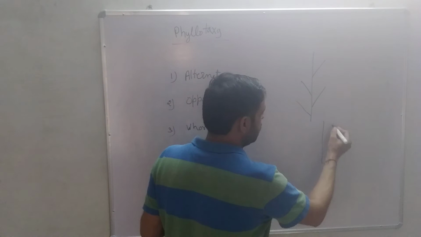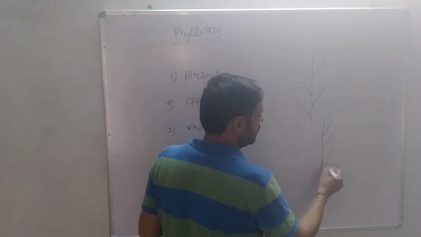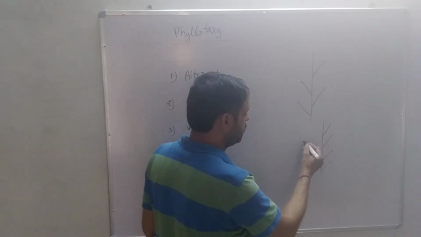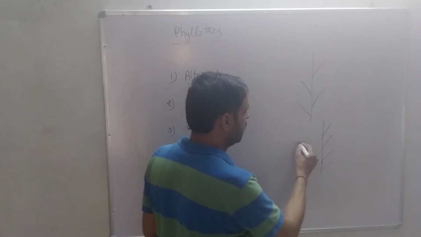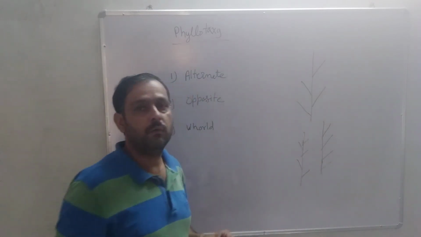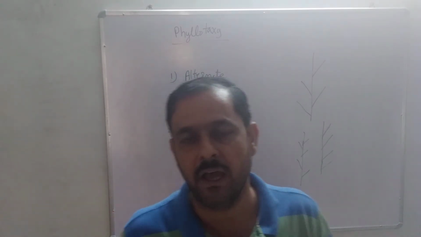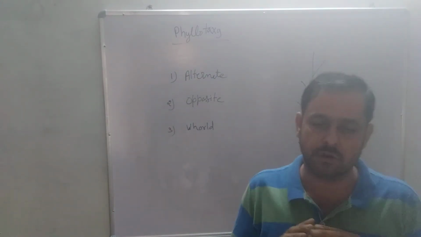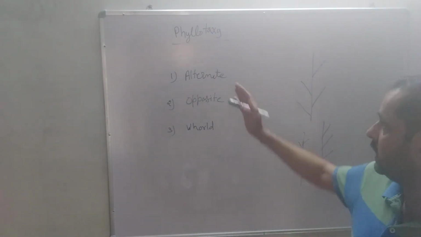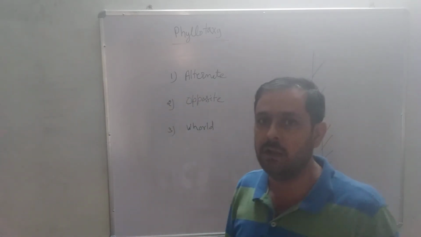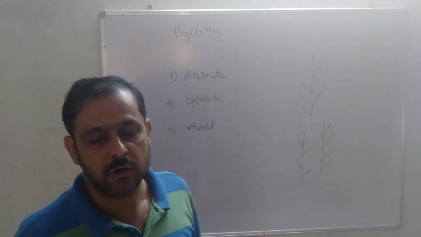Whenever only a single leaf arises from a node, it is called alternate manner. Example, mango, China rose.